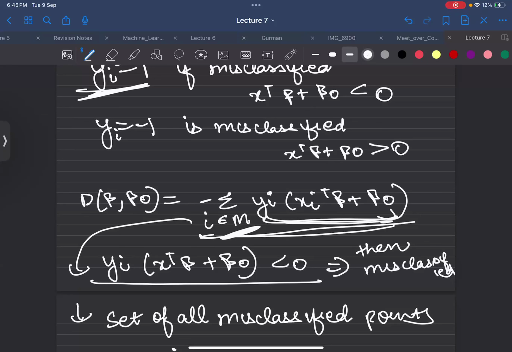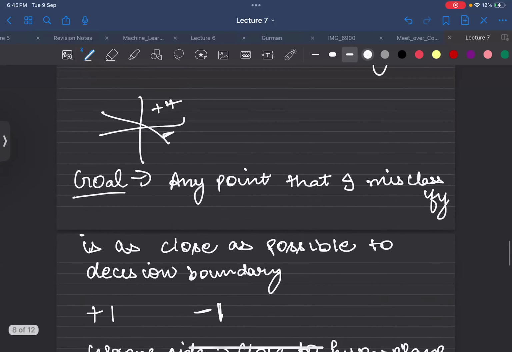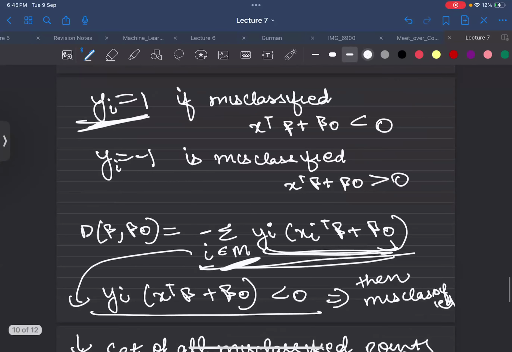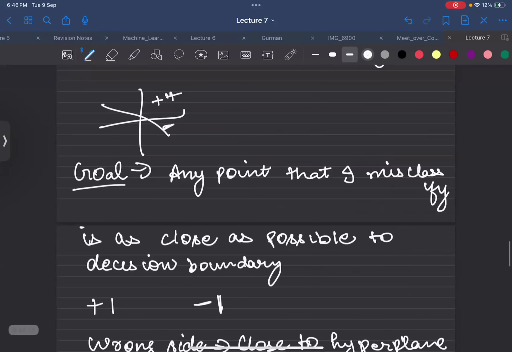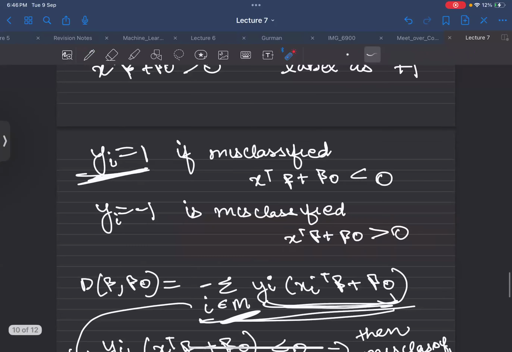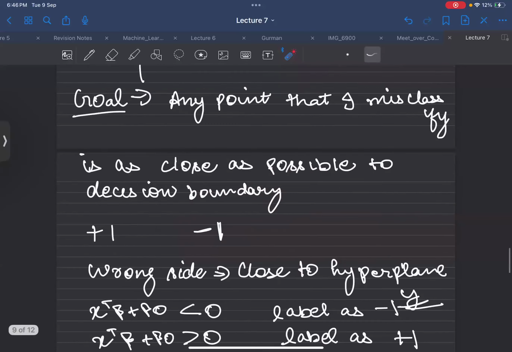Earlier also I have mentioned that I want any point that is misclassified to be as close as possible to the decision boundary.